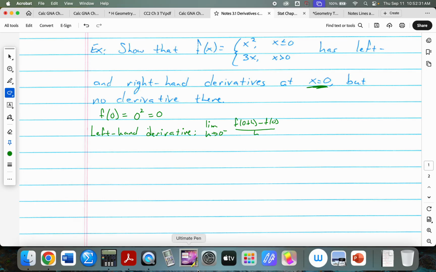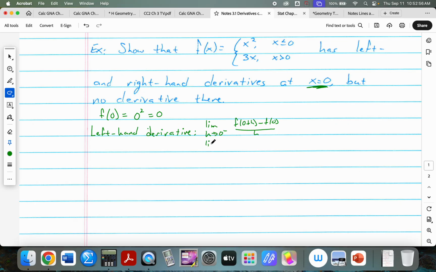Part of the reason I'm taking the time to write that, you don't necessarily have to write this, but I want to do it because sometimes there are so many zeros involved, like on this one, because we're doing it at 0 and there are lots of things that are 0, it's easy to get lost. So start with the basics, fill in the a, and then start thinking about the limit.